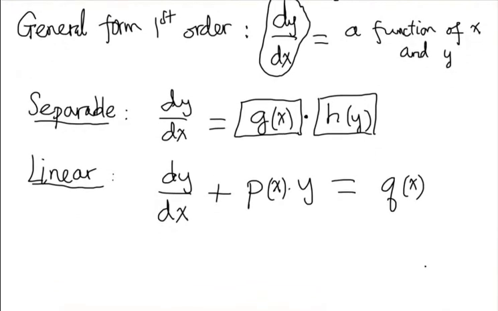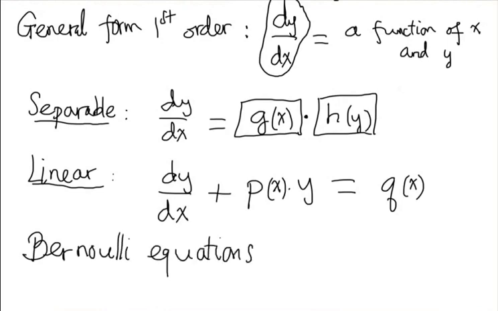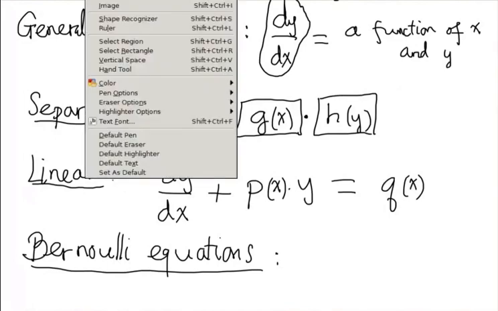Now, for this topic, we have the Bernoulli equation. Bernoulli equations look similar to linear equations, but of course, they're different. And we need to follow the method for Bernoulli equations to solve them.